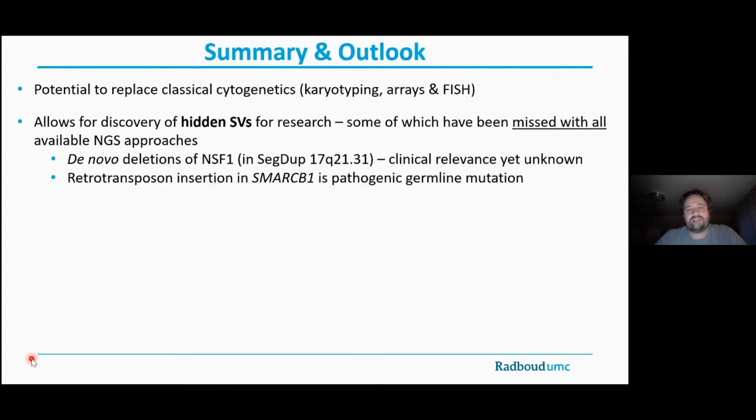For the research cases I've presented today, I hope I gave you a first flavor that the technology can identify hidden structural variants, and in particular variants that have been missed by so far available NGS approaches. I just tried to highlight that with the two examples, a de novo deletion that affects the gene NSD1 and a retrotransposon insertion in the gene SMARCB1 as a likely pathogenic germline mutation.